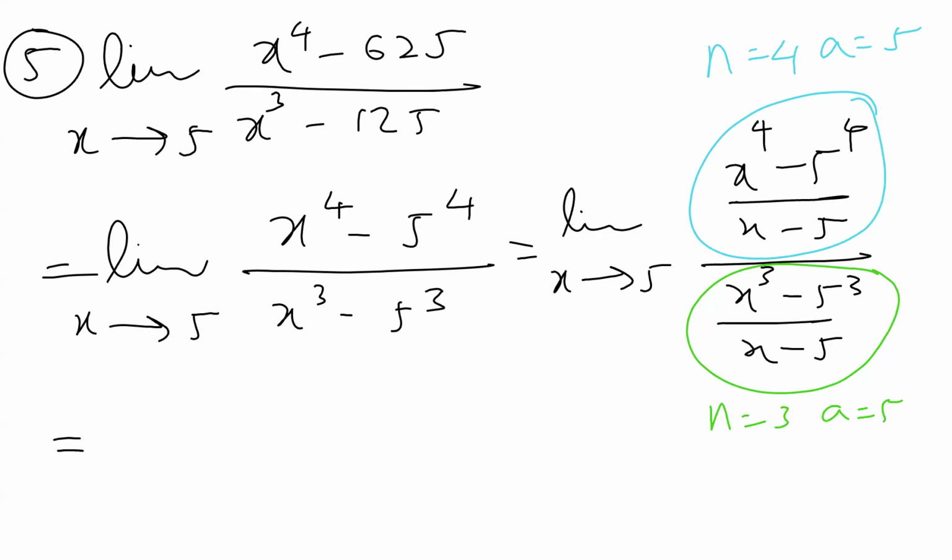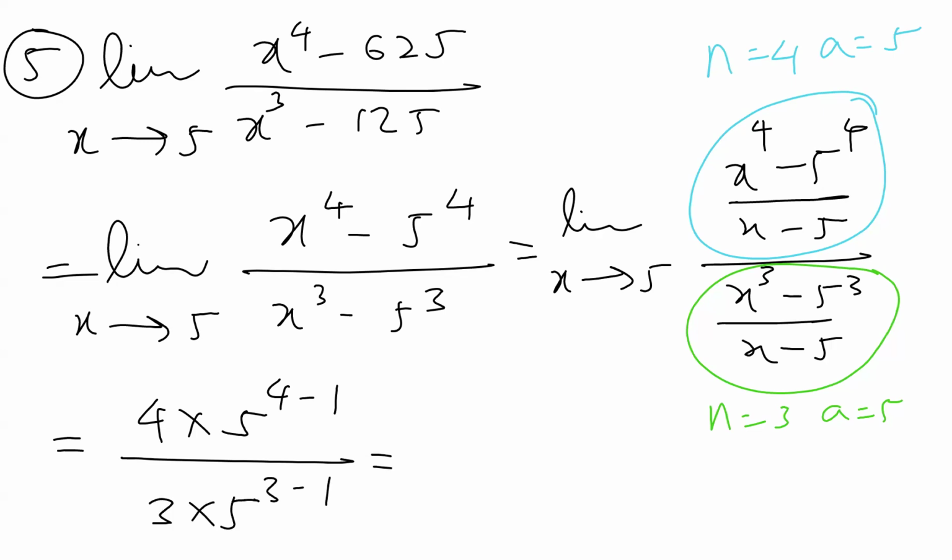Rishikesh, apply the formula in the numerator and tell me. So it will be 4 into 5 raised to 3. Correct, 5 raised to 4 minus 1. Perfect. Arushi, tell me how to apply the formula in the denominator. 3 into 5, then 3 raised to 3 minus 1.